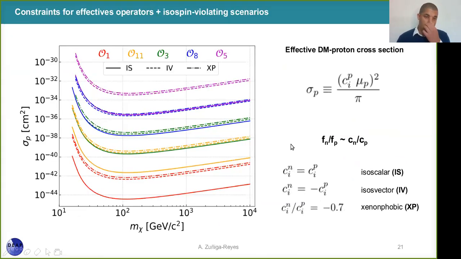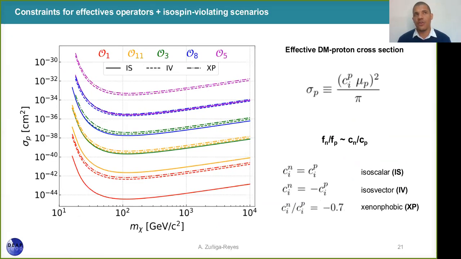Well, this is a plot that shows constraints on the interactions using the standard halo model velocity distribution. We show these limits for the five interactions and the isospin violating cases.